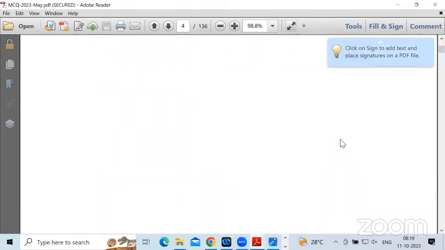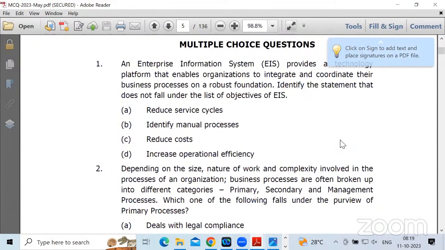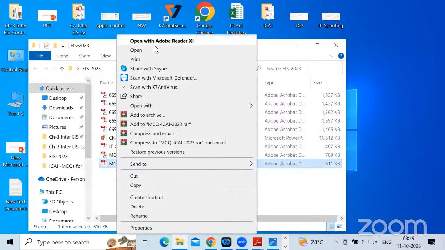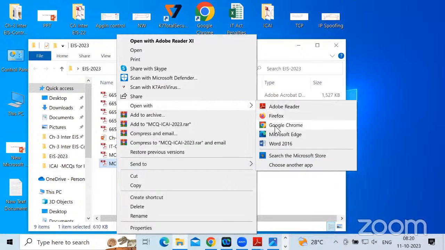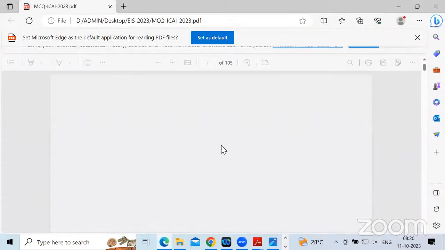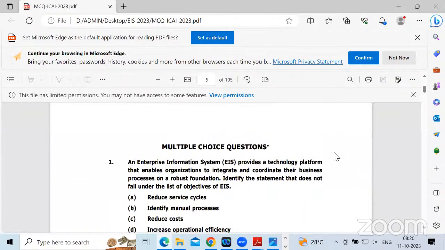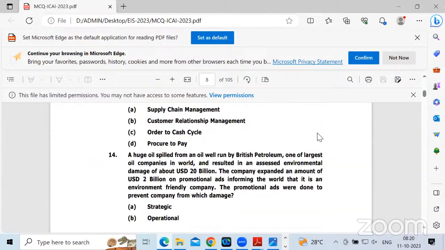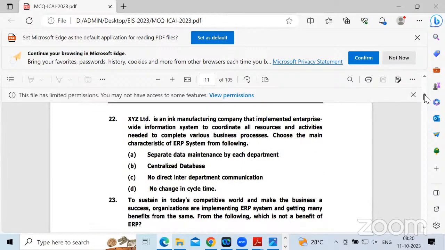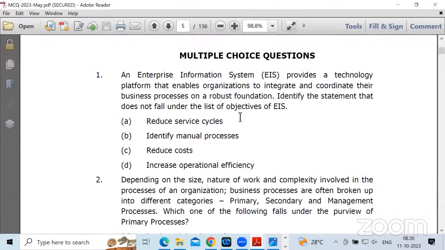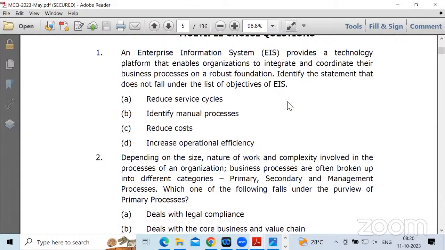We'll try to spend some time usefully with these MCQs. We'll slowly ask the question and go for the answers.